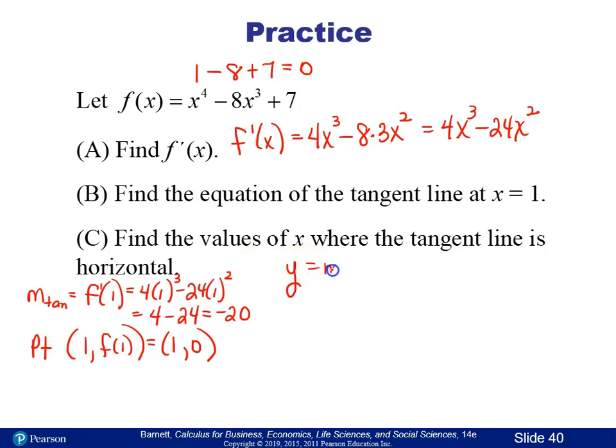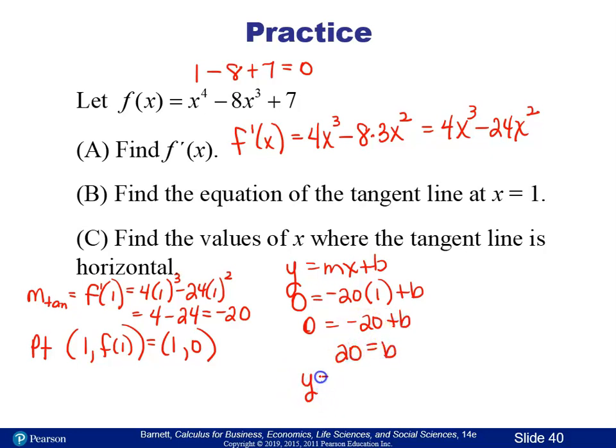We'll have y equals mx plus b, so 0 is y, m is negative 20, and x is 1. That means b is 20. So we'll have y equals negative 20x plus 20.